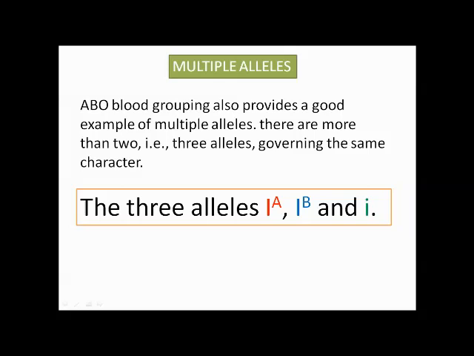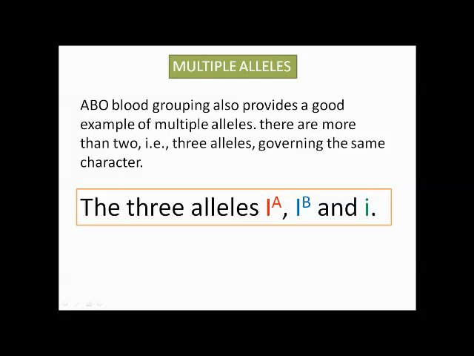Here you will find that the blood group is due to the presence of three alleles, which means three alleles are responsible for the type of blood group in a particular person. Because more than two alleles are responsible for a single blood group expression, we call it multiple allelism. So this is also a form of Mendelian inheritance.